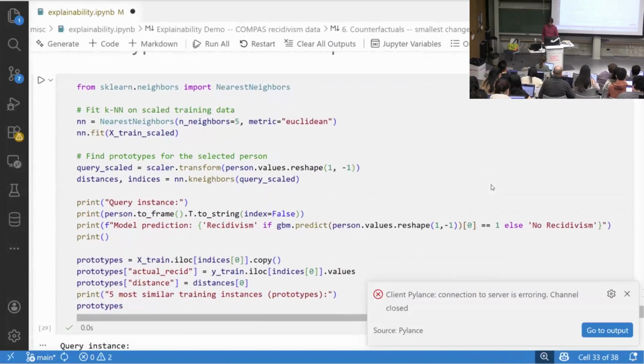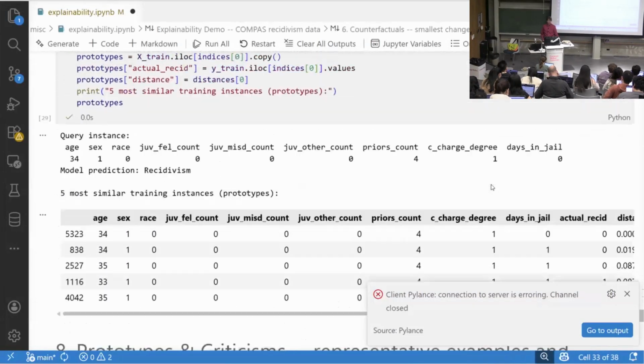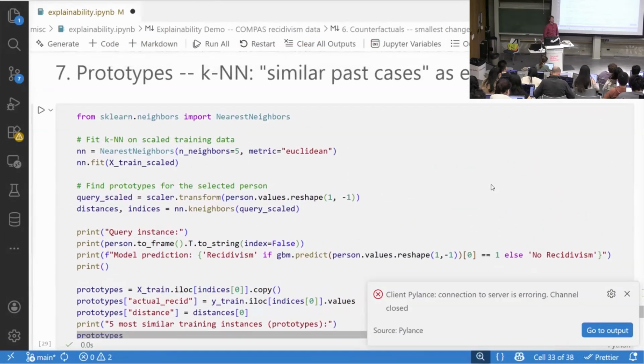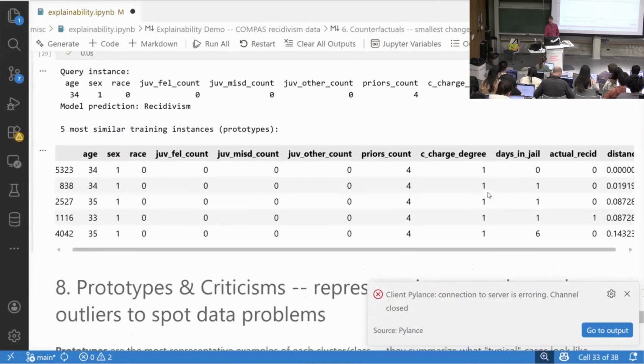One more thing that I forgot earlier, k-nearest neighbors is also a very easily explainable technique. Not because there's a model, because there isn't really a model that you can use, but you can also always just say, well, we predict you will reoffend because here's 5 other people that were very similar to you, and they all reoffended, and there was nobody who was similar to you who didn't, right?